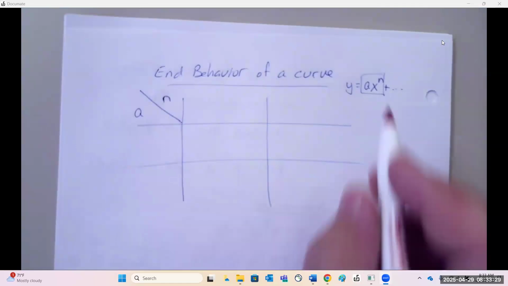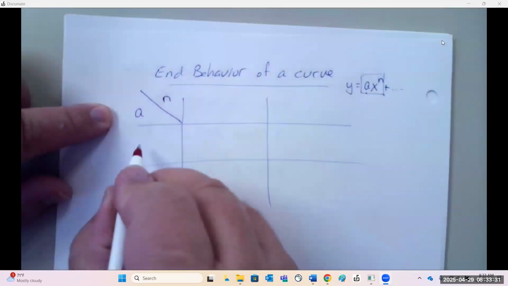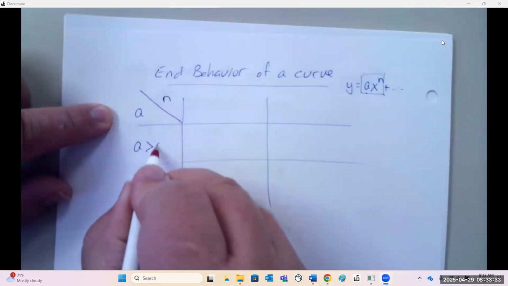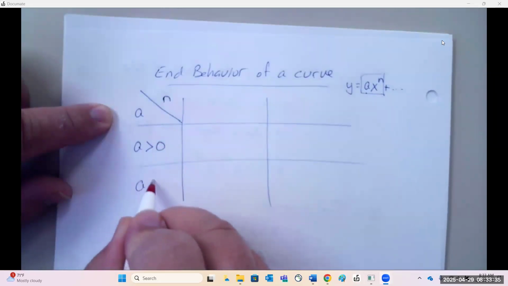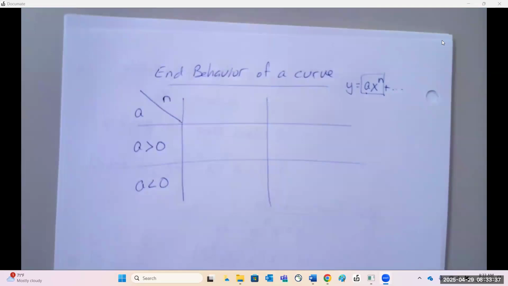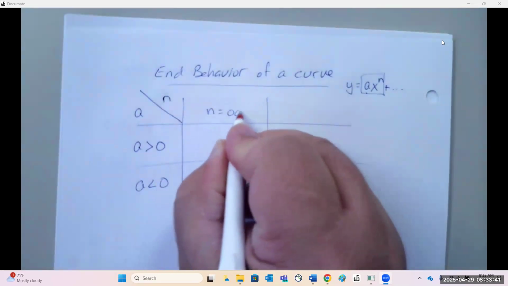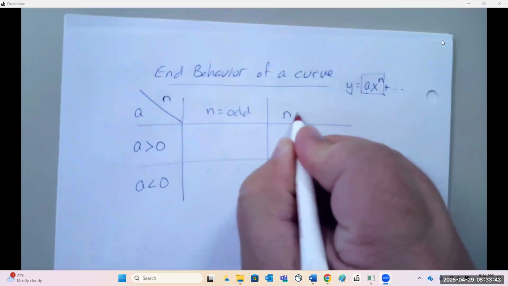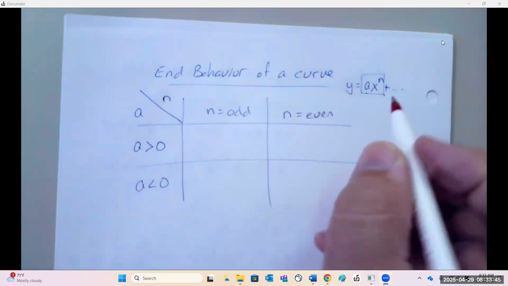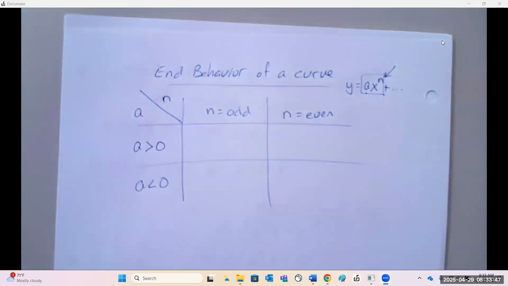This is the leading term. The leading coefficient, if it's positive or if it's negative, that's the only thing we look at. If n is odd versus n being even, what is n? N is the degree.